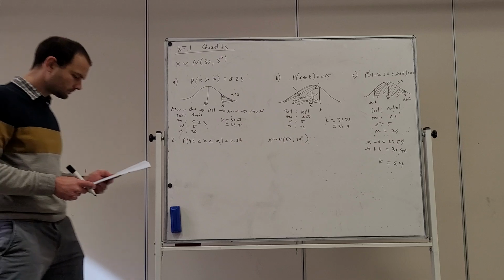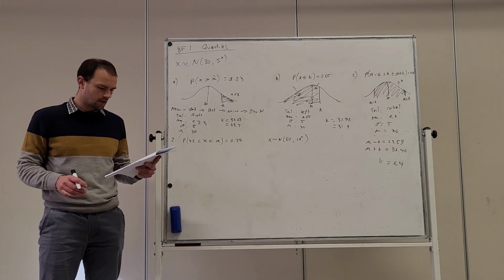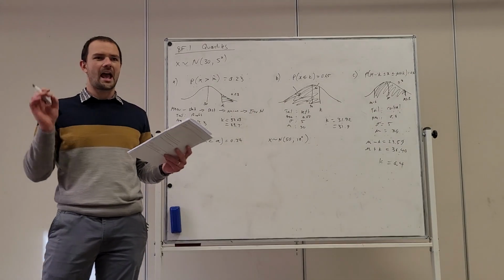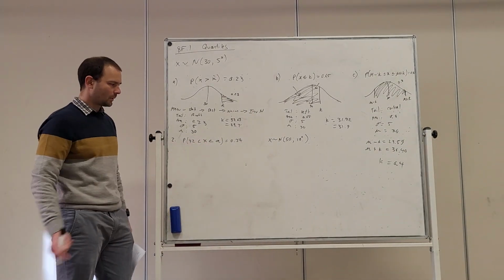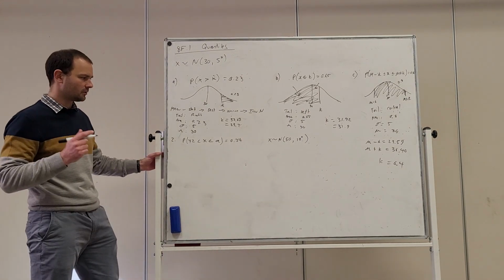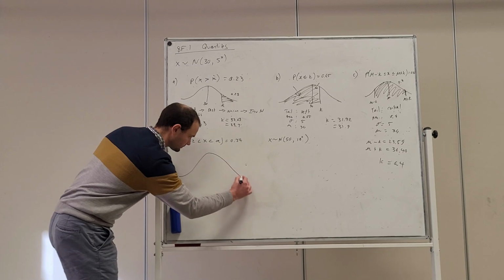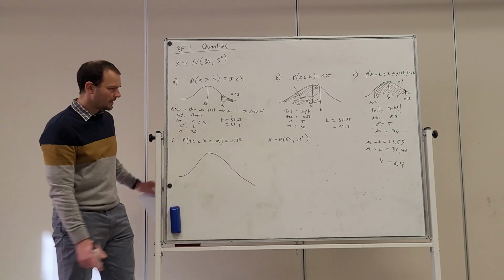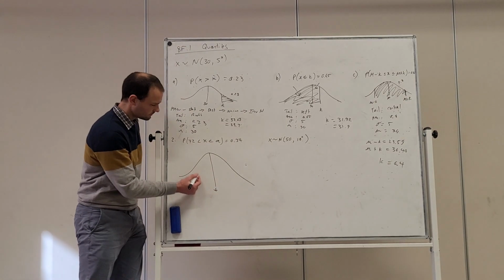On to 2. We've got X is normally distributed with a mean of 50 and a standard deviation of 10. Find this value of A such that between 42 and A, the area is 0.34. So I'm going to sketch this for you. So the mean is 50, right? The standard deviation is 10.